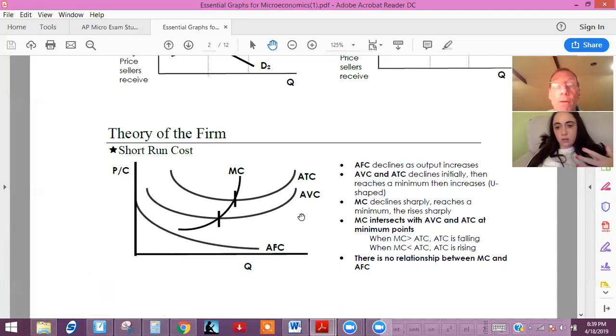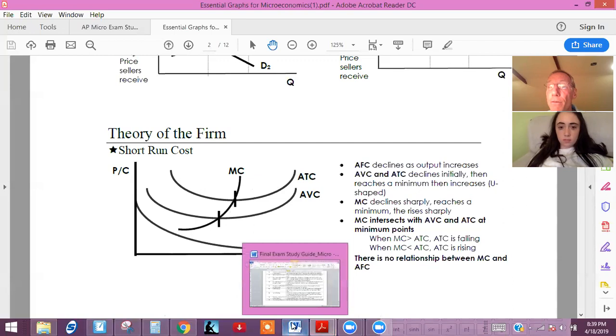If I buy a new lawnmower that works better, that's more efficient, it uses less gas. It means my marginal cost each time I mow my lawn goes down because my lawnmower is a better model. So this shifts to the right. My average fixed cost jumps up and my average total cost is going to go higher, right? Because the average total cost is a sum of average variable cost plus average fixed cost.